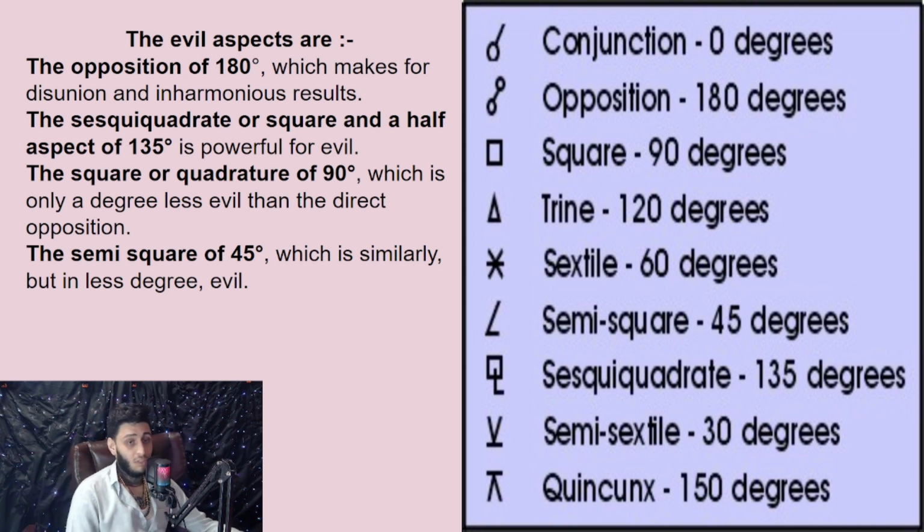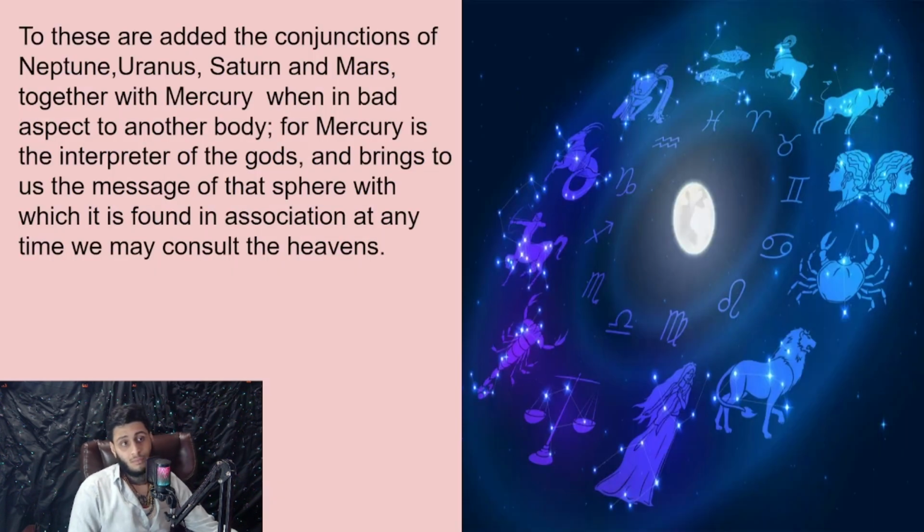The semi-square of 45 degrees, which is similarly, but in less degree, evil. To these are added the conjunctions of Neptune, Uranus, Saturn, and Mars, together with Mercury, when in bad aspect to another body. For Mercury is the interpreter of the gods, and brings to us the message of the sphere, with which it is found in association at any time we may consult the heavens.